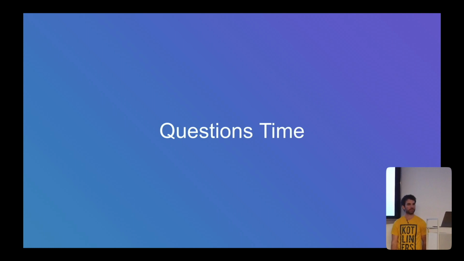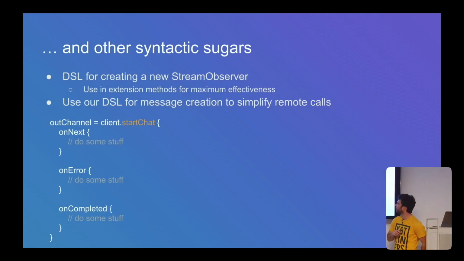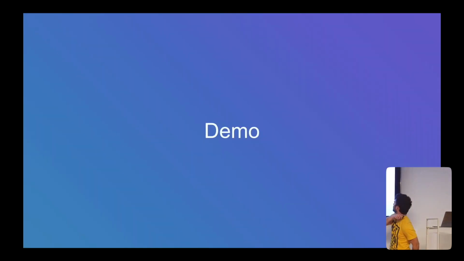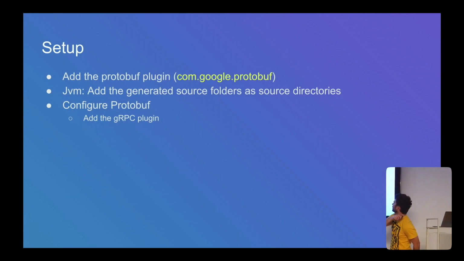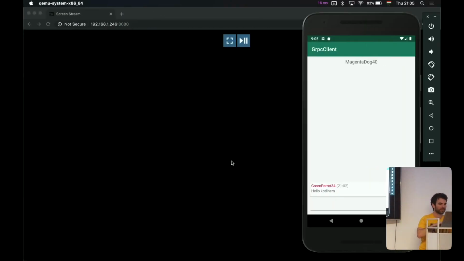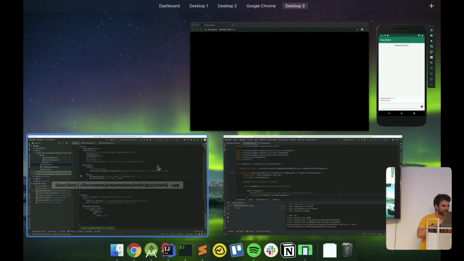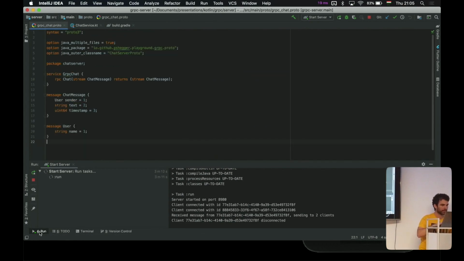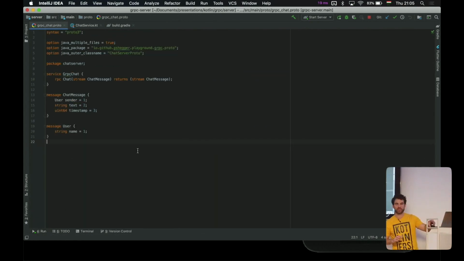Anything else? If you can go back to the schema definition, then why do you need that number there? So these numbers are field identifiers. They are used by Protobuf to identify this field.